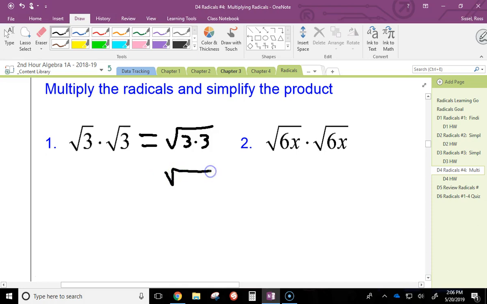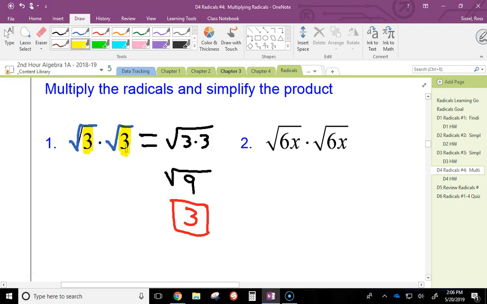Square root, 3 times 3 is 9. Can I find the square root of 9? I can. The square root of 9 is just 3. Well, here was our shortcut. Since I did the square root of 3 and the square root of 3, they were the same.